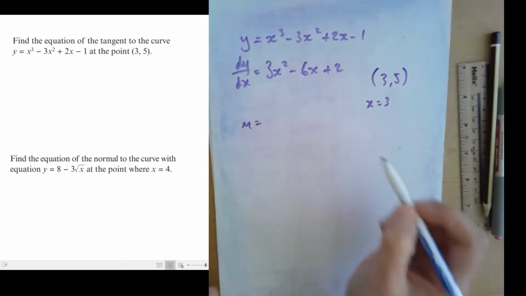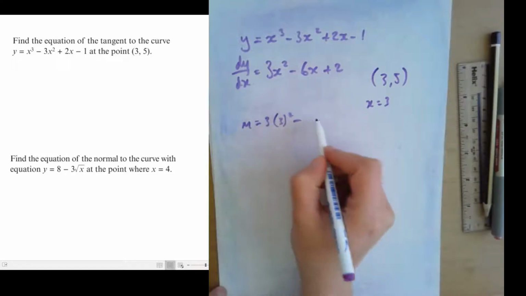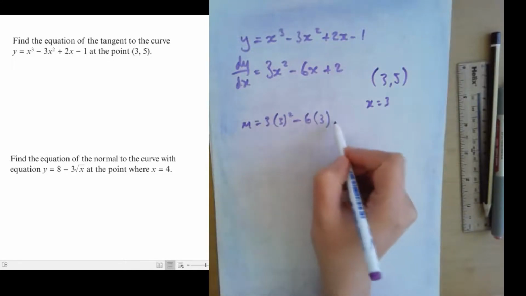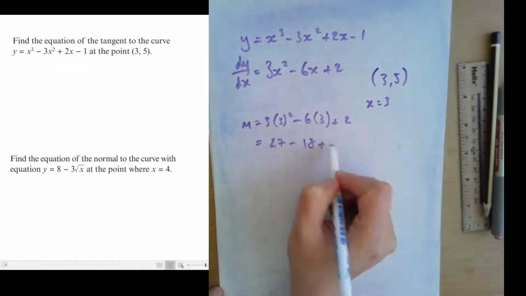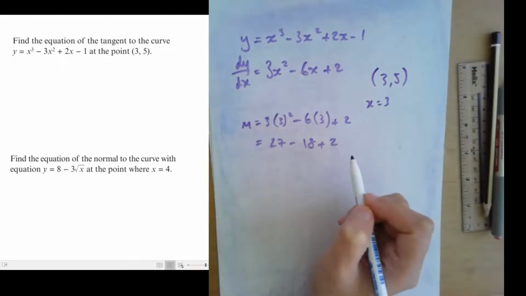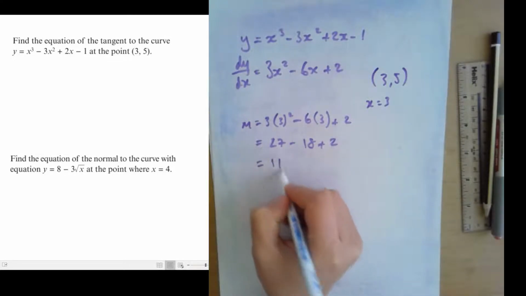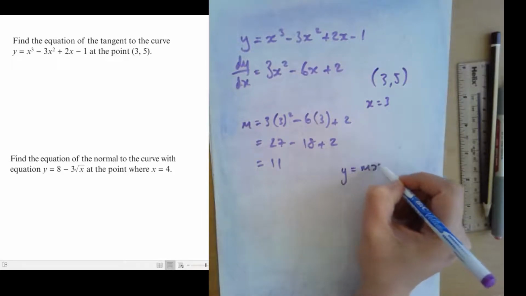So my m is going to be 3 times 3 squared take away 6 times 3 plus 2. Okay, so this is 27, take away 18 plus 2, which I think is 11. Okay, so we've got that, and I know y equals mx plus c.